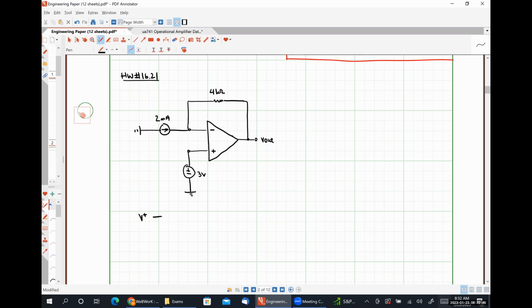V plus is the nodal voltage at the non-inverting input terminal. And V minus is always the nodal voltage at the inverting input terminal.